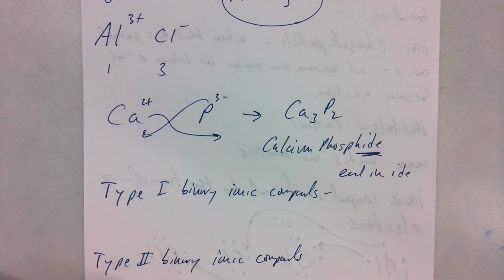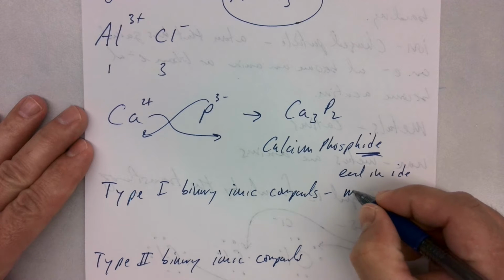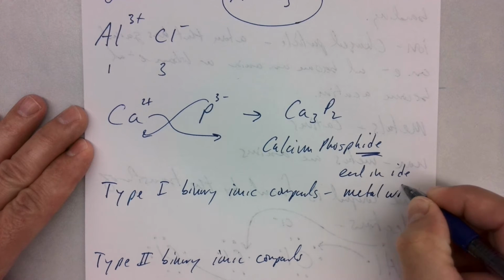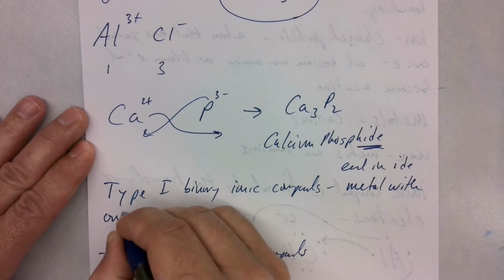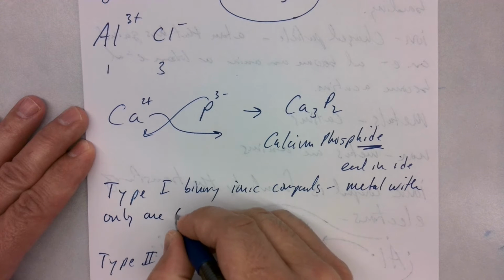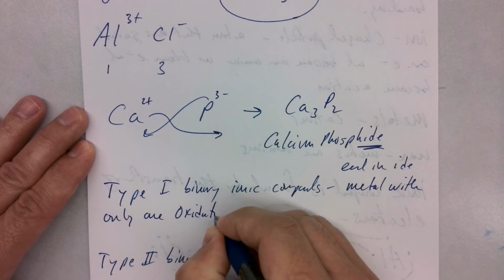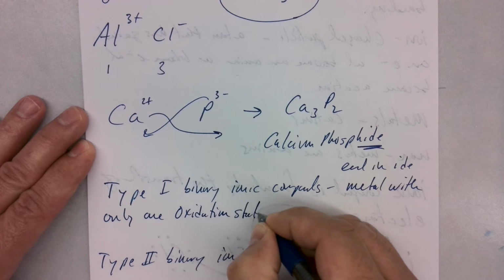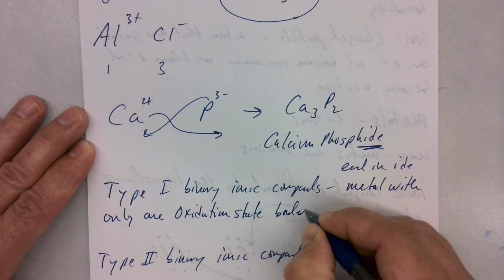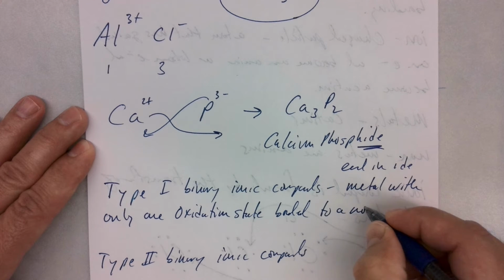A type 1 binary ionic compound is when you have a metal with only one oxidation state bonded to a nonmetal.